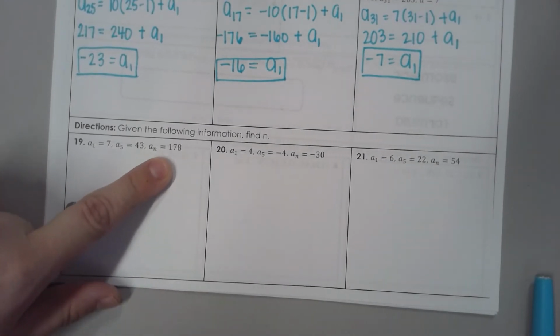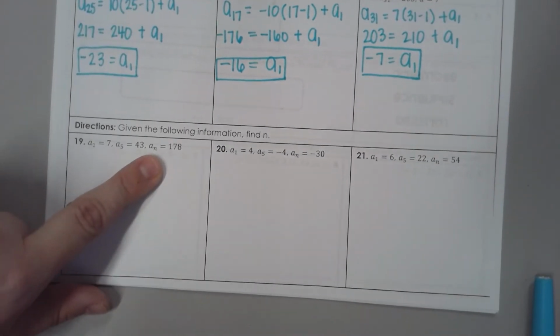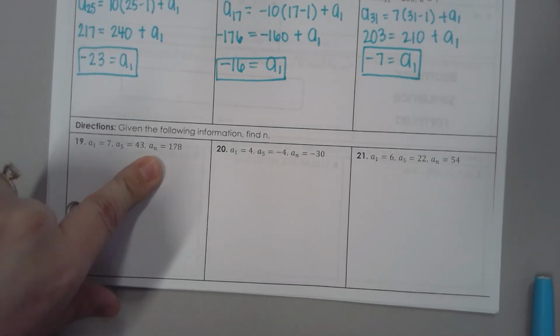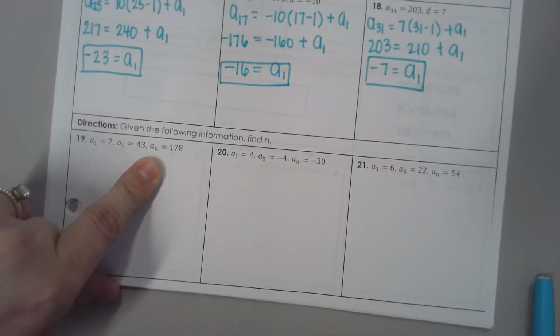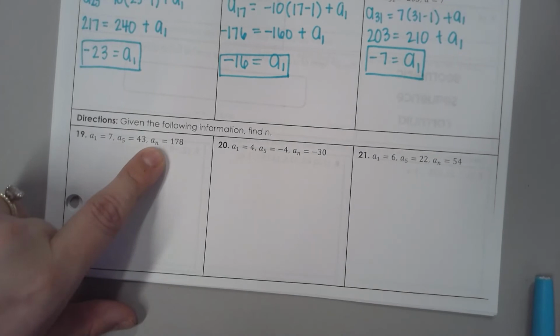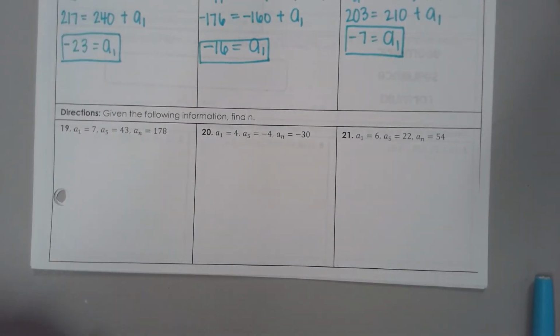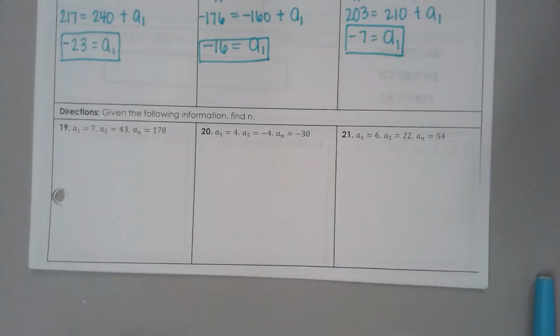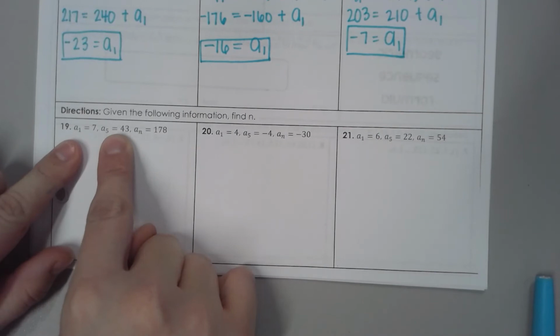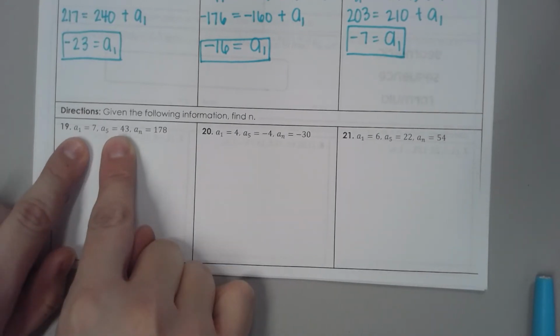What I'm asking you to find is that number. Which number, how many numbers in the sequence until I get 178. So what's one big piece of information that I'm missing that I probably need? The difference, the common difference. So we can use these two right here to find the common difference.